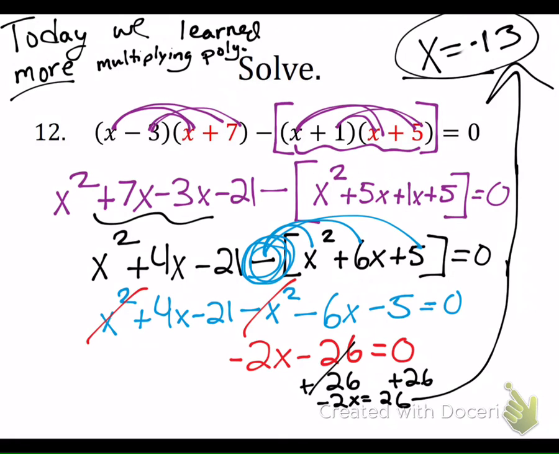Polynomials. Yes, we started multiplying polynomials on Tuesday. As it was brought up, we didn't really learn anything new. We just learned more of it. All right? Here comes your homework.